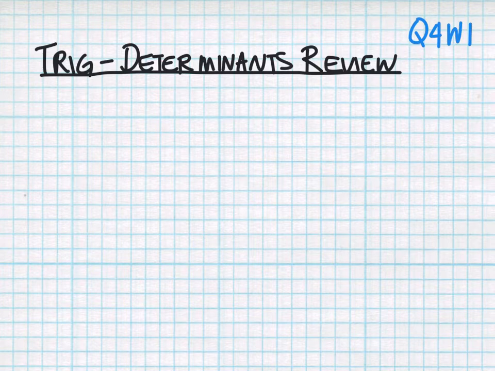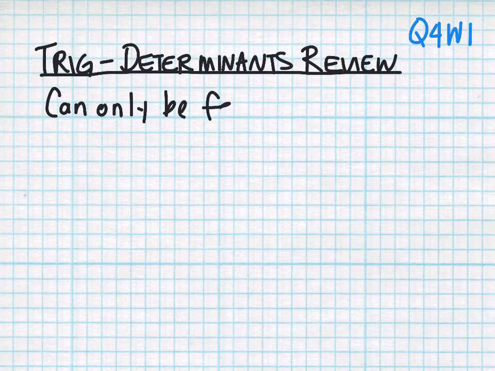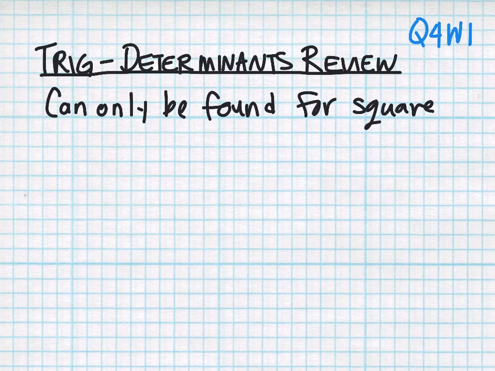So let's talk about determinants. Determinants can only be found for square matrices.